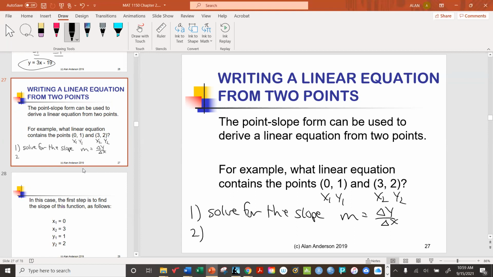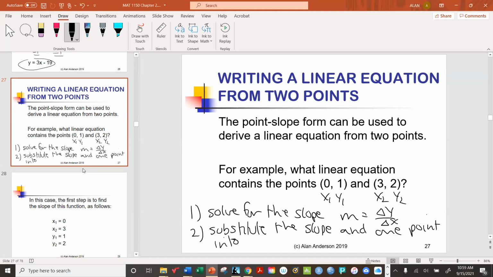And then number 2, substitute the slope and 1 point into the equation y minus y1 equals m times x minus x1. All right, so let me show you how that works.